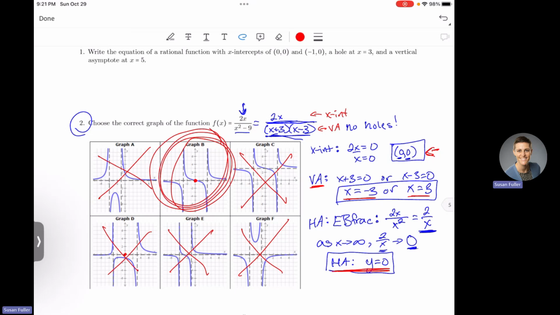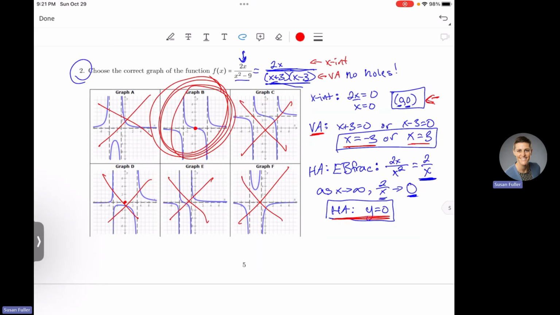Just a heads up, sometimes you will have two graphs that have the same x-intercept, vertical asymptotes, and horizontal asymptotes.